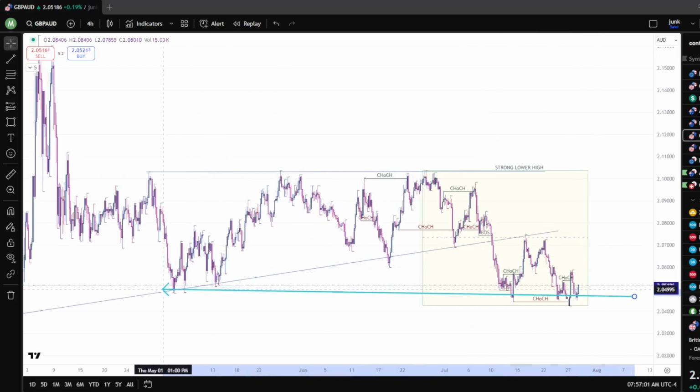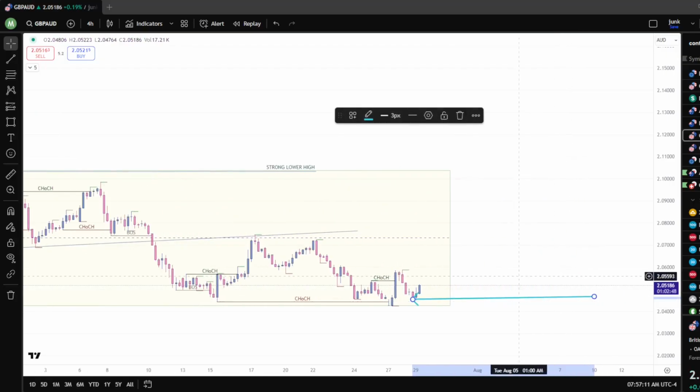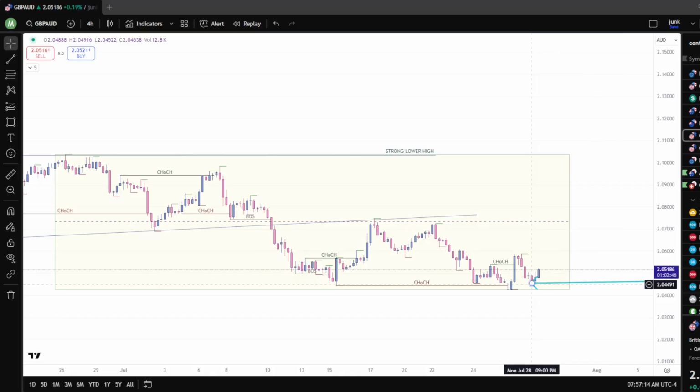I think I said yesterday it closed under these lows the first time, then buyers stepped back in, closed again under these lows. But then obviously there was an impulse of buyers here, so it's back in this overall range, but it's still bearish overall.